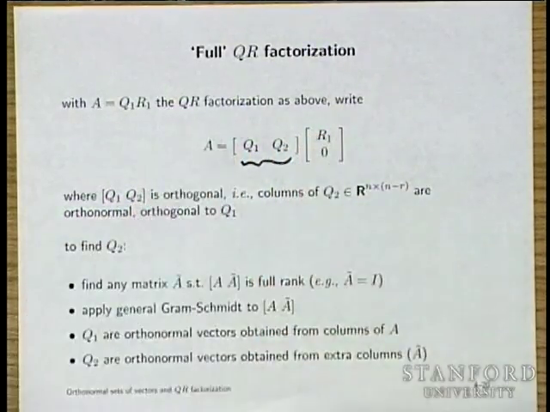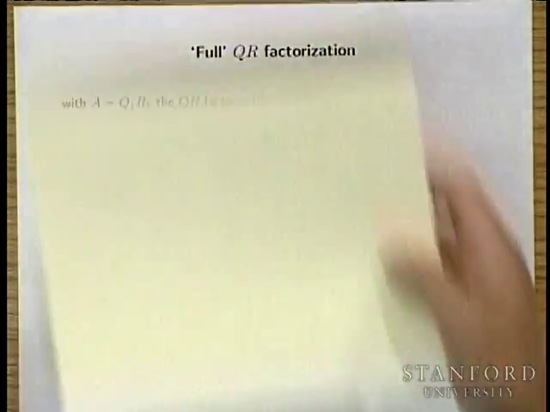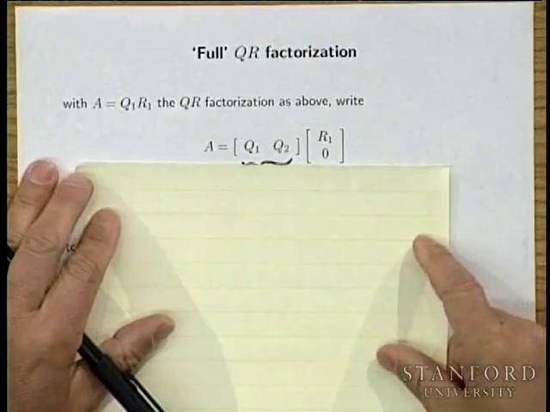Now, it sounds weird. The question is, how do you do it? The way is actually quite straightforward. Let me just show you how you would get this Q2. It's really kind of dumb.